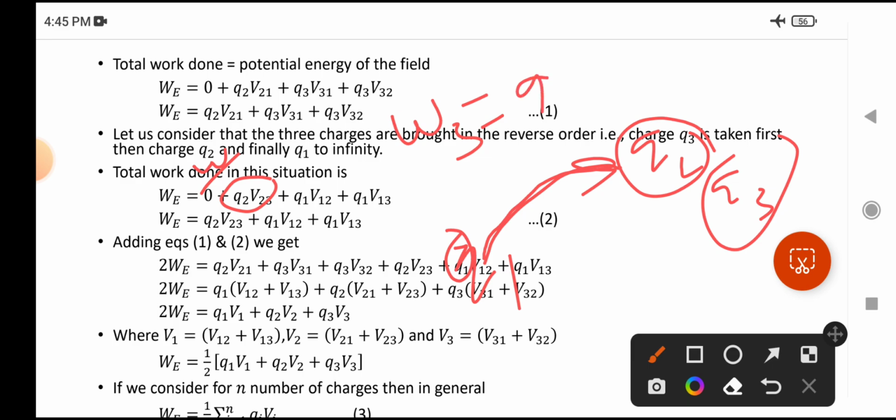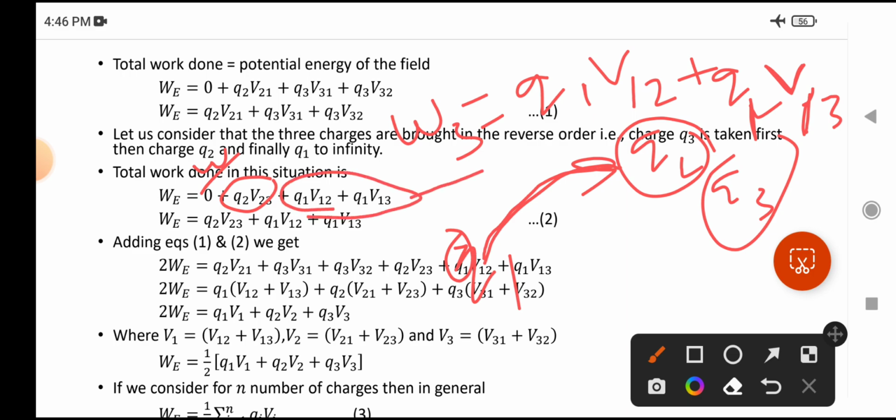W3 is Q1 into potential V12, plus Q1 into potential V13, the potential at 1 because of the third charge. So see, this is the forward process. In the reverse process also we got W1 as 0 and the remaining values are like this.